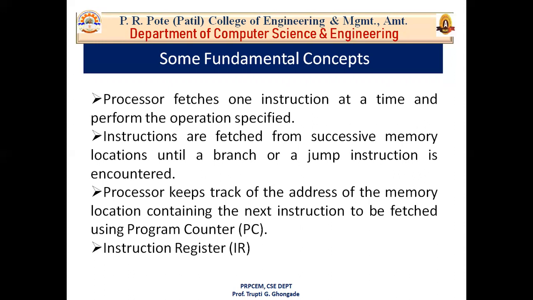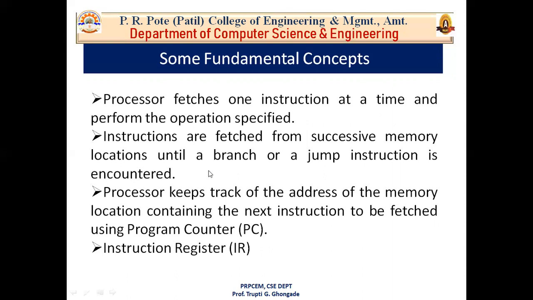To execute a program, the processor first fetches one instruction. It fetches instructions one by one, not all at once, and then performs the operation specified in the instruction. These instructions are fetched from successive memory locations until a branch or jump instruction is encountered.